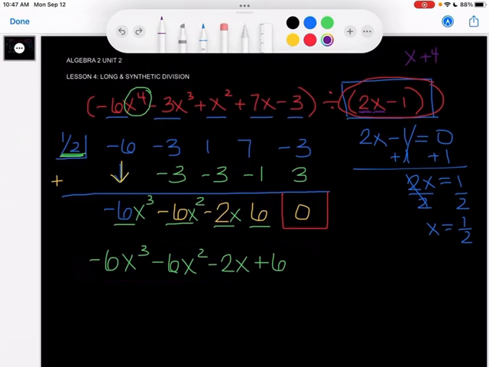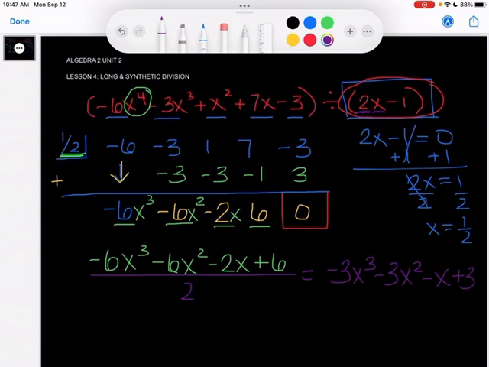There is a 2 in front of that x. So if that is the case with synthetic division, you have to divide the final answer by that 2. Whatever that coefficient is, you need to divide by it. So that gives me -3x cubed minus 3x squared minus x plus 3. This would be your final answer.